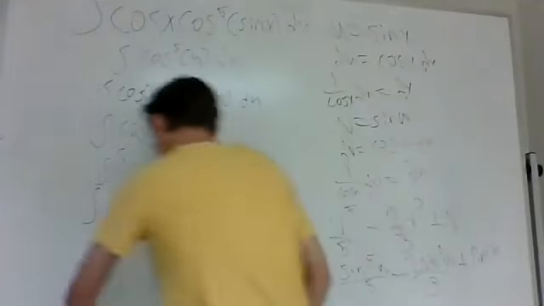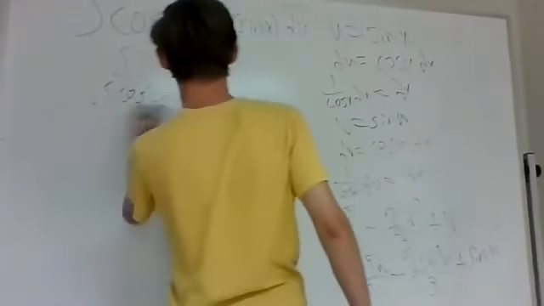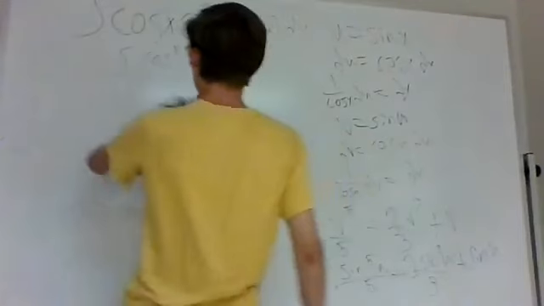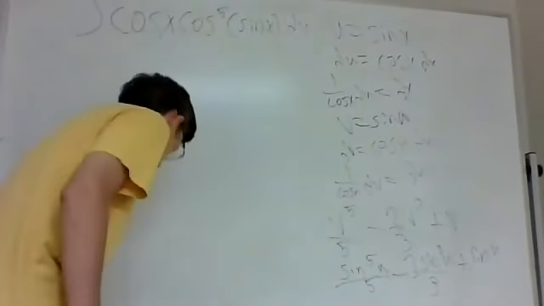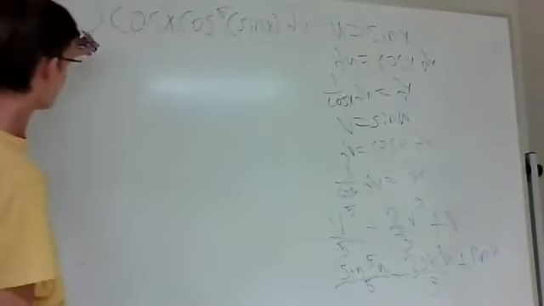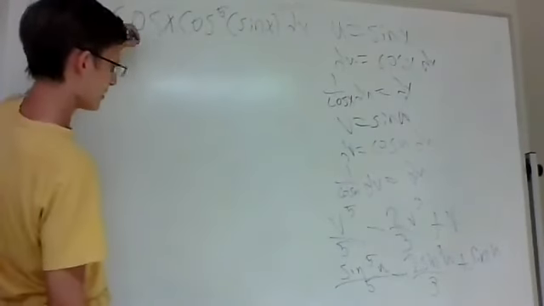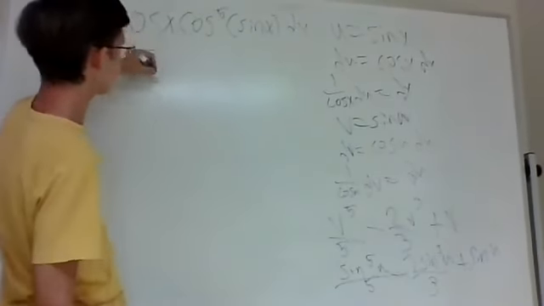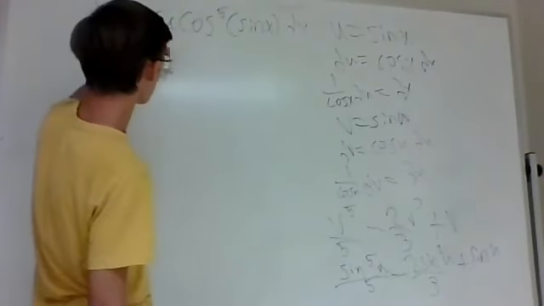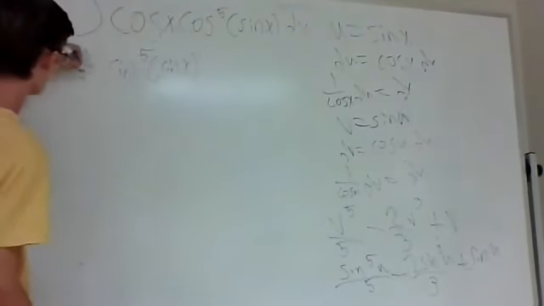I'm actually going to make a little bit of room up here to finish off this problem. So now when we substitute the x values back where the u's would be, we now get sine to the fifth sine x times 1/5.